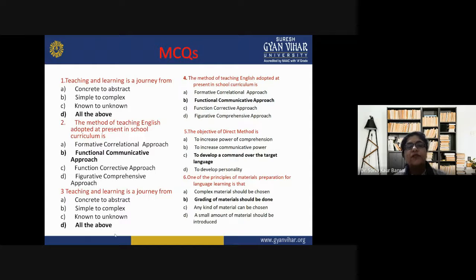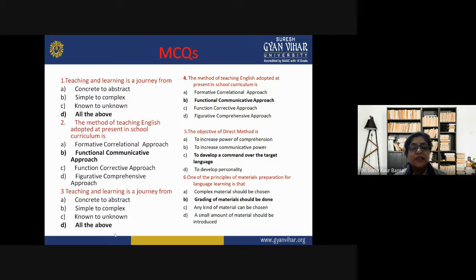Next, the method of teaching English adopted at present in the school curriculum is: formative correlation approach, functional communicative approach, functional corrective approach, or figurative comprehensive approach.